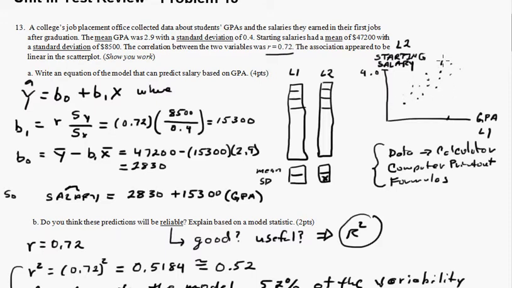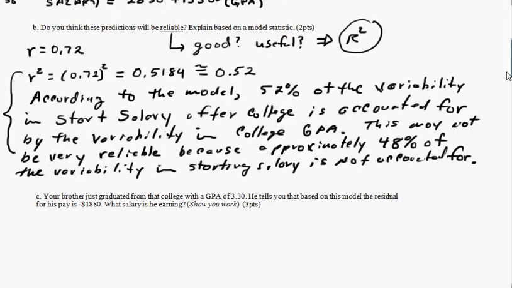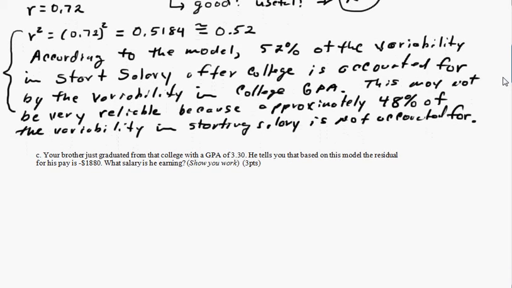If you had a lower GPA, like a 2.6, but studied engineering that's in high demand, then maybe you're going to have a high salary. So there's a lot of variability about the model, which means the model may not be a very reliable predictor, because there are other factors.